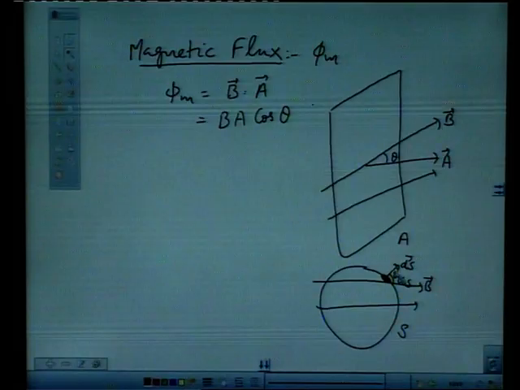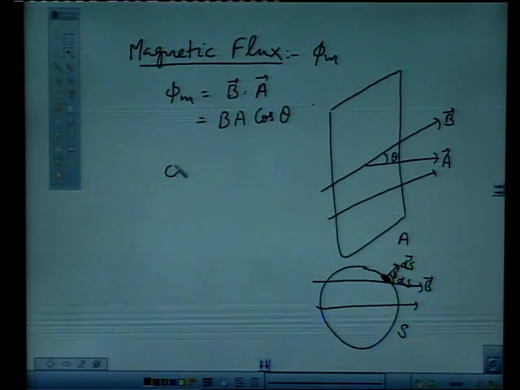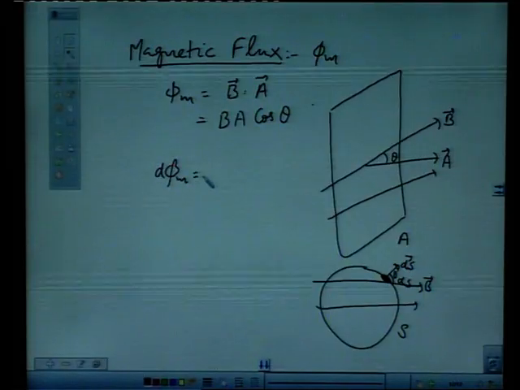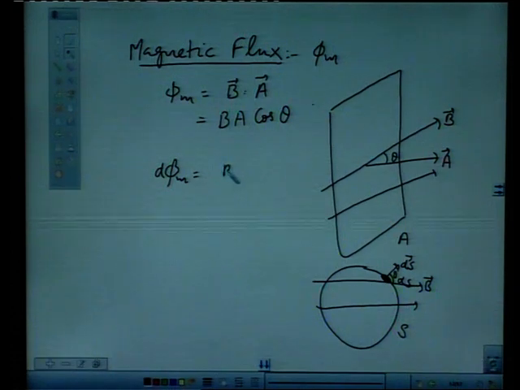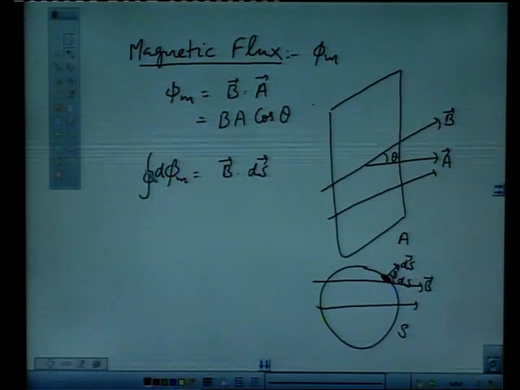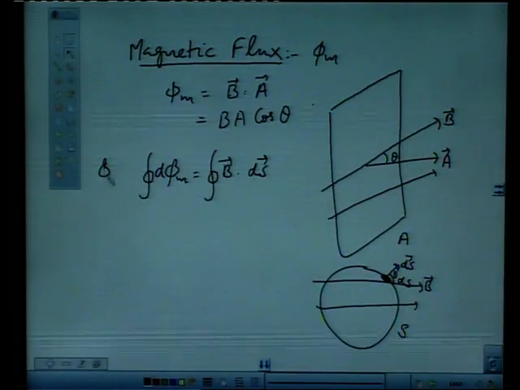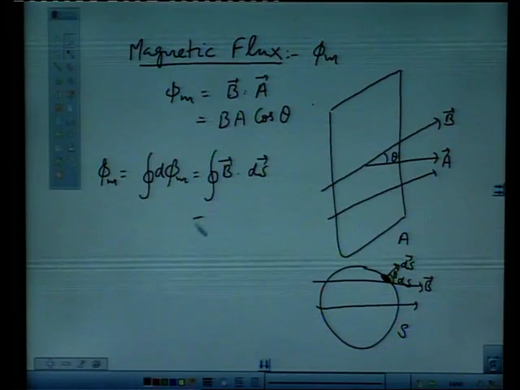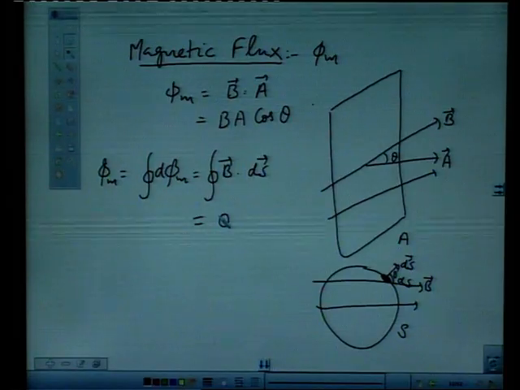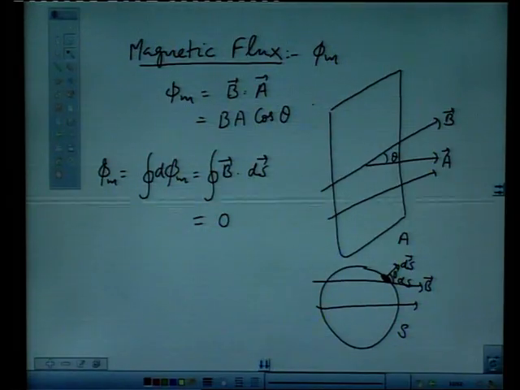So the small magnetic flux passing through this small surface area dS is d phi m equal to B vector dot dS vector. If we integrate it over the whole closed surface, we get the total magnetic flux phi m, and its value will come out to be equal to 0.